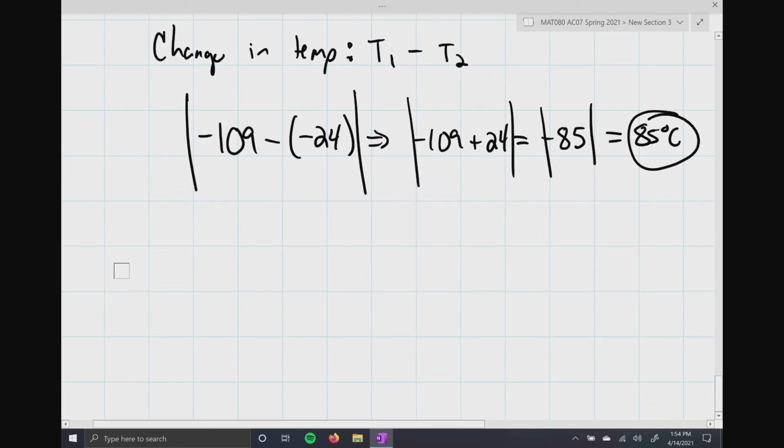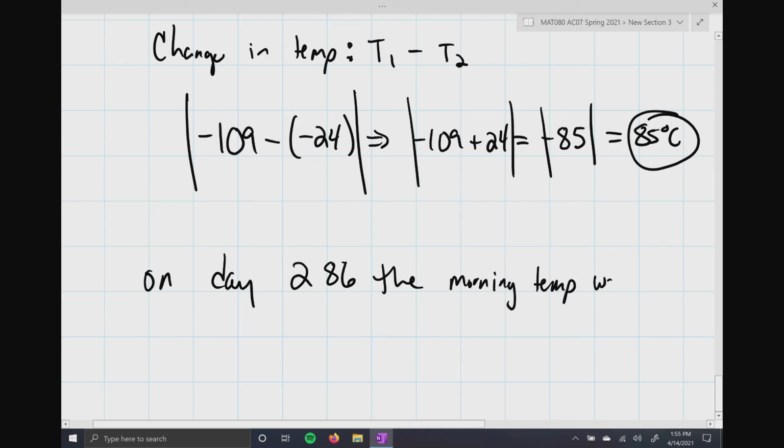On day 2, I don't want to do day 2 because for my mind, it doesn't make sense. So how about day 286? So on day 286, the morning temperature, I'm gonna be specific. Morning temperature was negative 5 degrees Celsius.